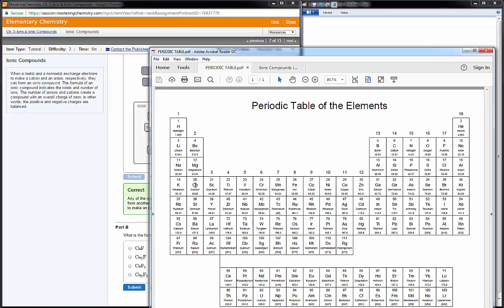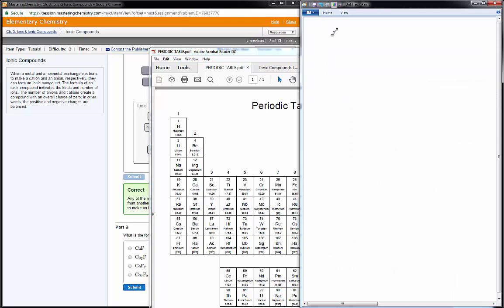So if I make a compound between calcium, which wants to be +2 because it's in group 2, and fluorine, which wants to be -1 because it's in group 7, calcium +2, fluorine -1, I'm going to need 2 fluorine ions for every 1 calcium ion in order for the ion charges to cancel.